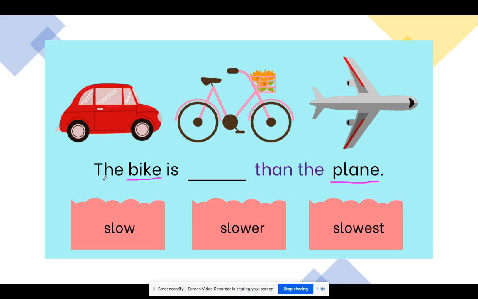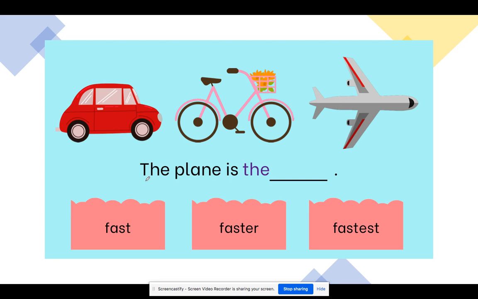Should it be the bike is slow than the plane, the bike is slower than the plane, or the bike is slowest than the plane? Well, if I'm comparing 2 items, it should be, shout out your answer, the bike is slower than the plane, adding the er.